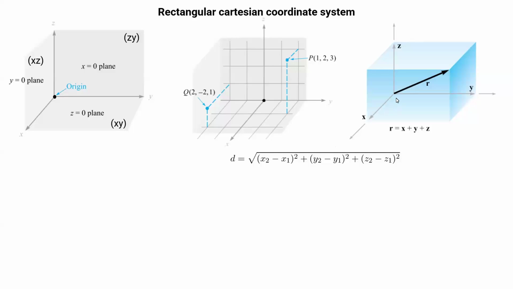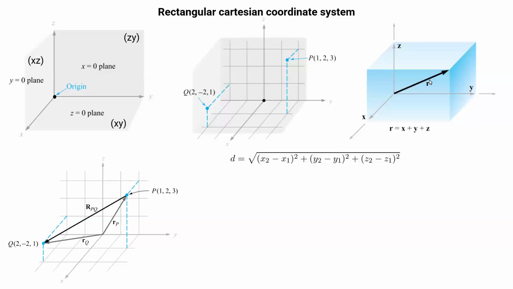Another way to describe any point in our space is to assign the radius vector r. Doing this, for example, for these points P and Q, we write the radius vector to the point P and to the point Q, and we can find the vector that connects these points P and Q. It's just the difference between the two radius vectors.